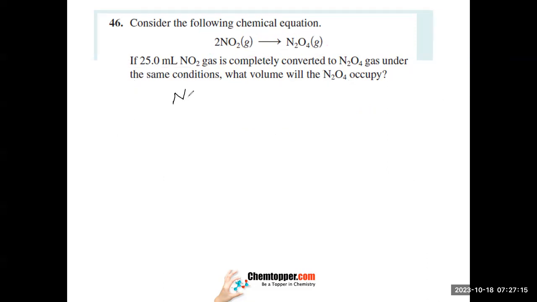N2 is a gas reacting with 3H2, which is a gas, giving you 2NH3, which is again a gas. This is a balanced equation. Equation has to be balanced always. If I give you 2 liters, they all are present in the same container at the same temperature and pressure, right?